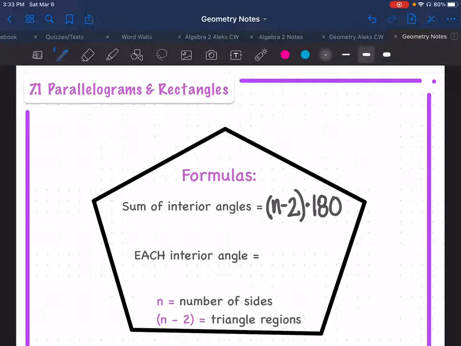Okay, so to find the sum of those interior angles, I'm going to do the number of sides minus 2 times 180. If I want to find each one, I'm going to do n minus 2 times 180, and I'm simply going to divide by n, my number of sides.